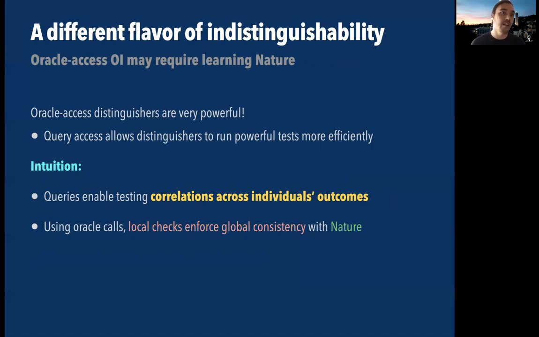And knowing that your predictor is good at making predictions on some class of individuals, it could hope to leverage that to understand what the outcome should be for a new person. So in particular, they can use these local checks to enforce global consistency with nature.